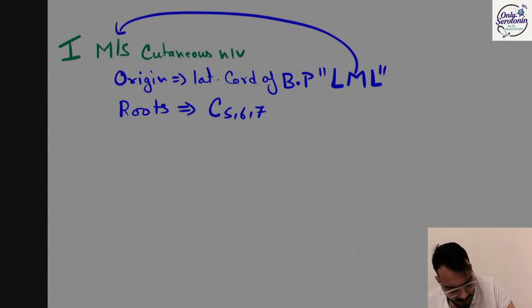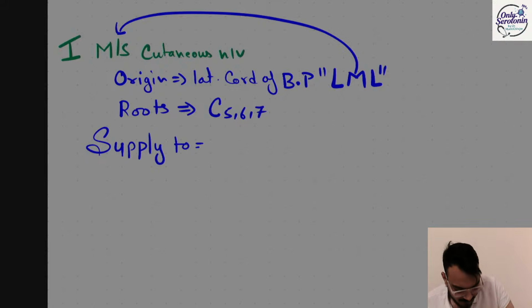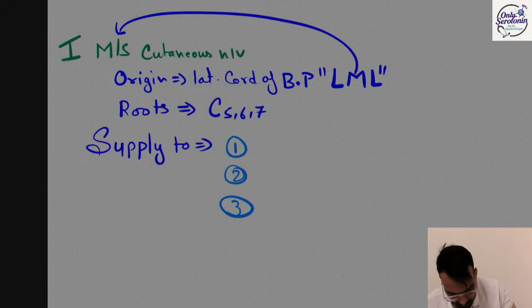Then this nerve is supplying what, guys? It is very important. It is supplying three muscles. What are the names of the muscles? Everyone please write the names of the muscles, guys. It is supplying the coracobrachialis muscle.